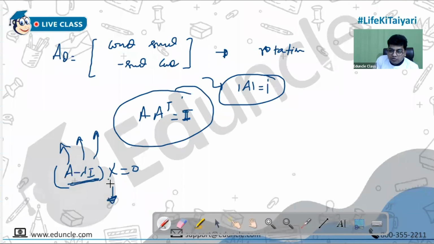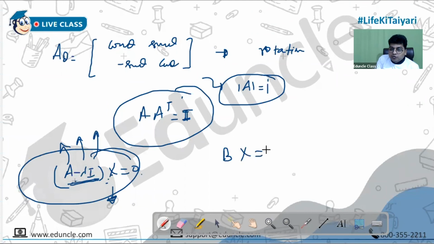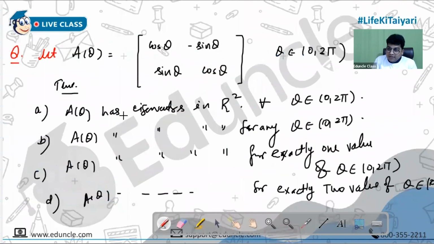Real into x equal to 0. So this is the kind of Bx equal to 0 for any theta. Bx equal to 0 has always real solution in R square. Yes or no? It means eigenvalues are real, and eigenvector also belongs to R square for any theta. I think this is correct.